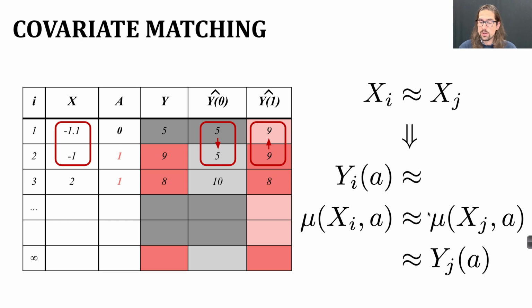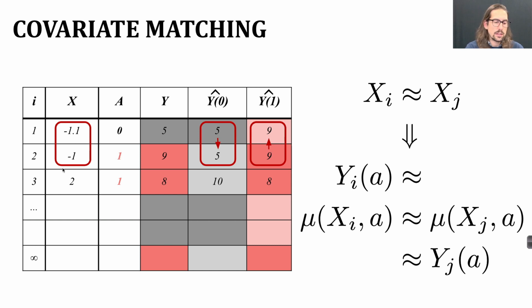So this really is the mean of this, and this really is the mean of that. And so what we can do is just borrow this person's observed outcome and plug it in as our guess for what would have happened to this other person if they had gotten the opposite treatment.